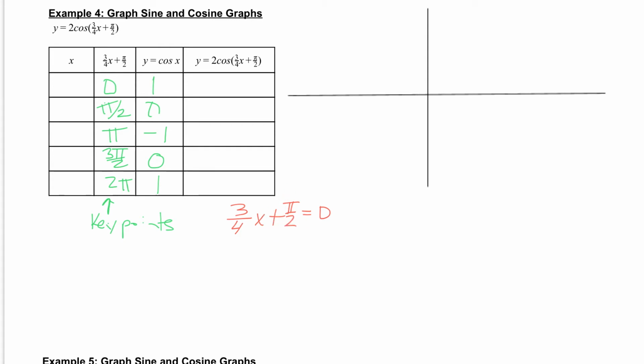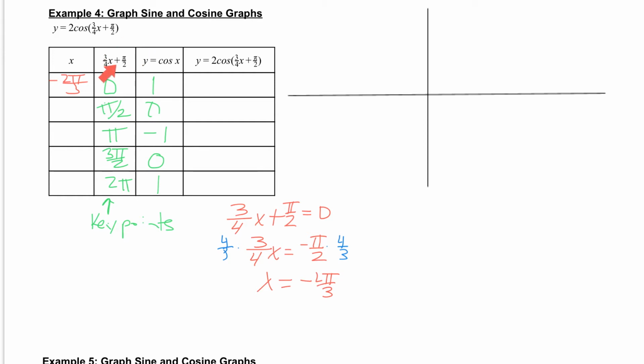Doing that, we get 3/4 x equal to -pi over 2. And then we need to multiply by the reciprocal, so we'll be multiplying by 4/3 on both sides. And we get x equal to -2 pi over 3. And that's our first x value, -2 pi over 3.